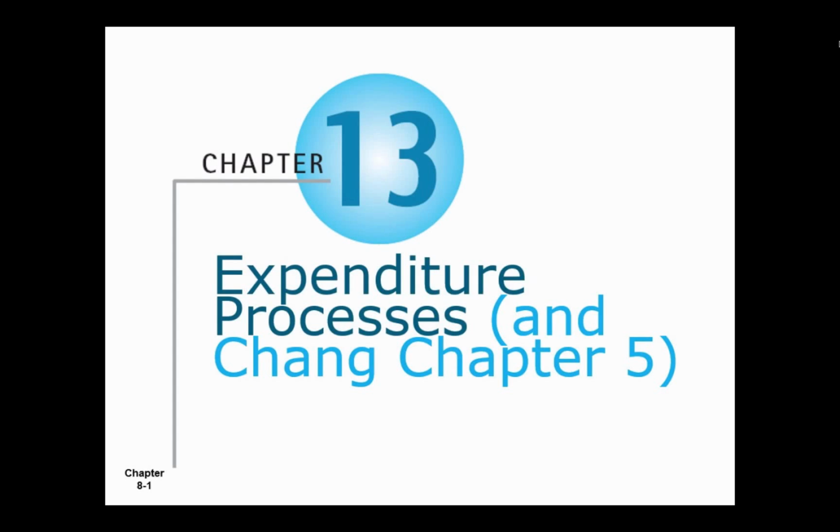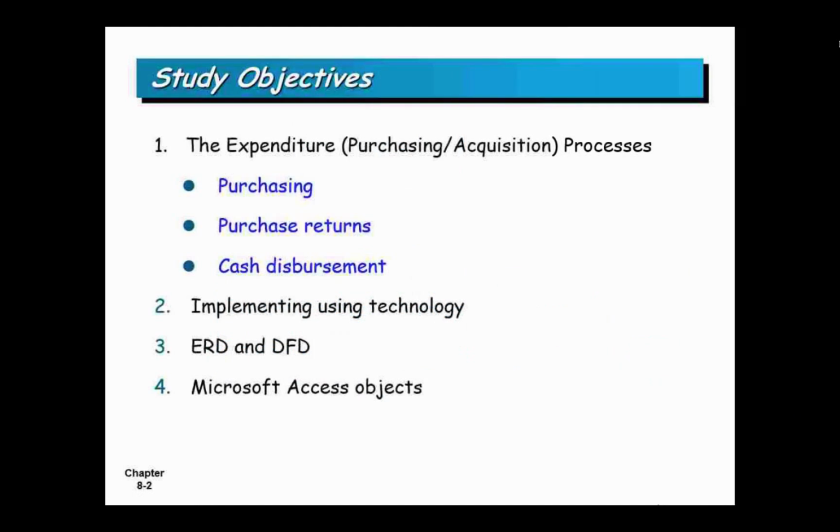For the next week or so, we're going to talk about chapters 13 and 5, which will use the expenditure cycle as a basis for learning some additional techniques in Microsoft Access. So just as we did on the revenue cycle, we'll talk about 3 sub-cycles, sub-processes: the purchasing process itself, the return of purchases, and the cash disbursement process.